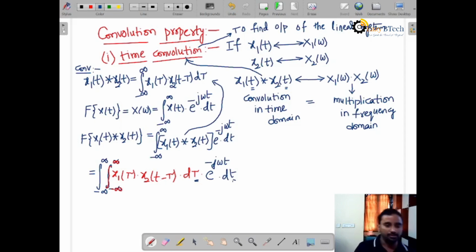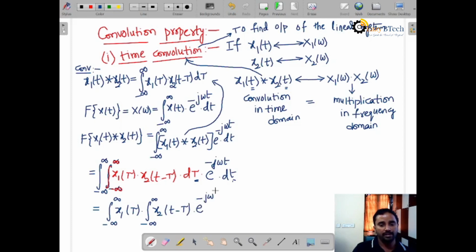I am going to arrange it like this: integral from minus infinity to plus infinity of x1 of tau, then again the integral from minus infinity to plus infinity of x2 of t minus tau e to the power minus j omega t dt, then d tau.